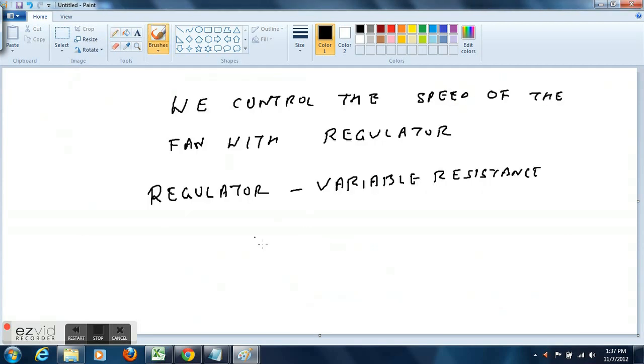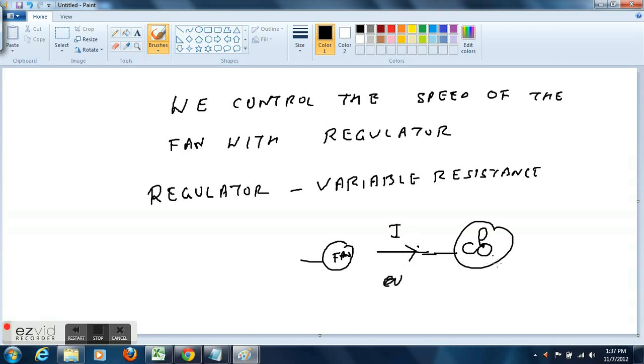Now what actually happens when you control your ceiling fan with a regulator? Let me draw a small diagram of a fan, which definitely does not look like a fan. So I have to always tell you this is a fan, otherwise nobody will believe it. But the most important point is, when I increase the flow of current through this fan, the speed of the fan will increase, because this fan is working because of current flow.